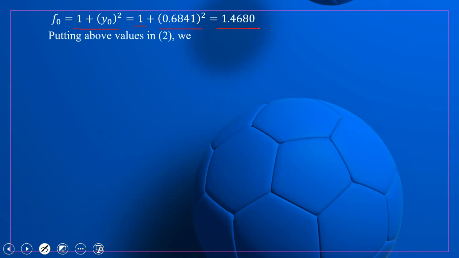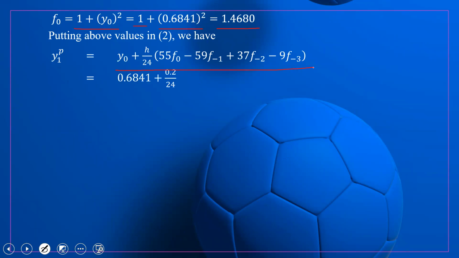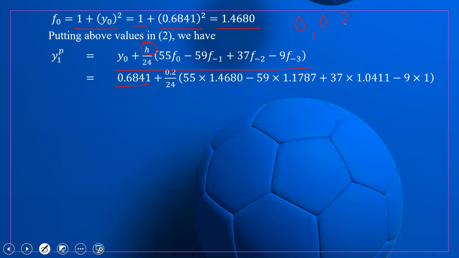So putting the above values into the formula, we have y1p is equal to, this is the formula, we have again written this formula. What is y0? y0 is equal to 0.6841. What is the value of h? Just look here. The values are given 0, 0.2, 0.4, 0.6. What is the difference of these? 0.2 minus 0, 0.4 minus 0.2, 0.6 minus 0.4.